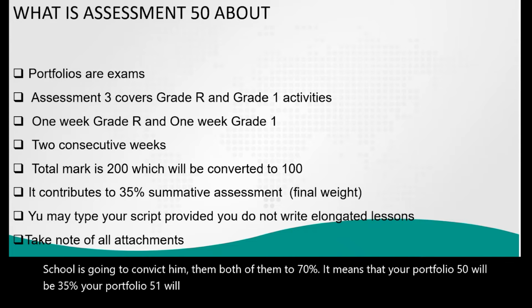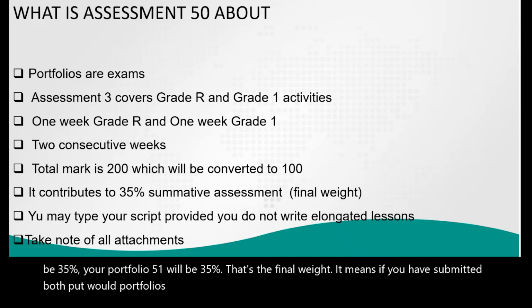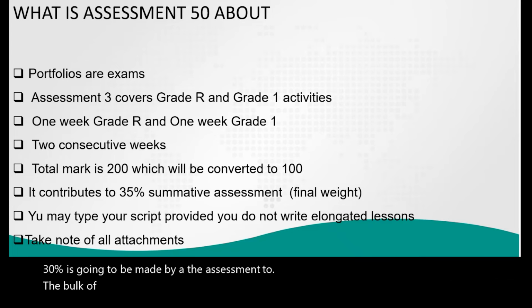Your portfolio 51 will be 35%. That's the final weight. It means if you have submitted both portfolios, they will make up 70% of the summative assessment, because the 30% is going to be made by assessment 2, the bulk of which is the supervision.